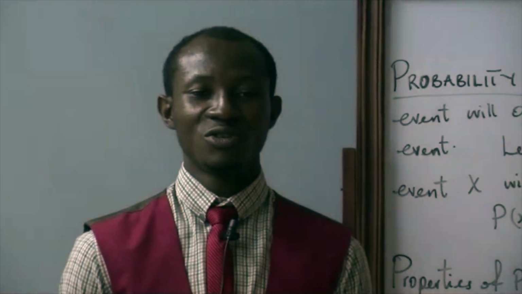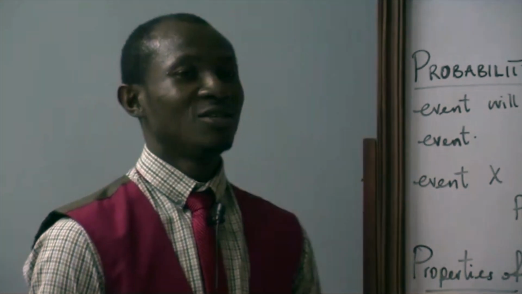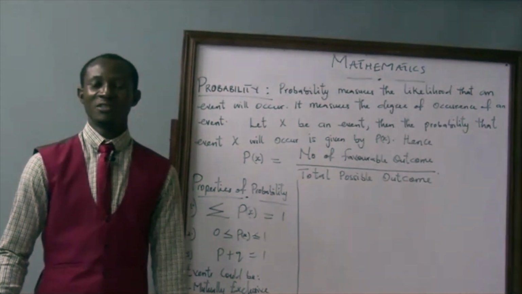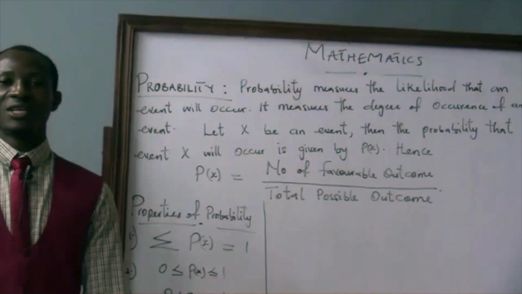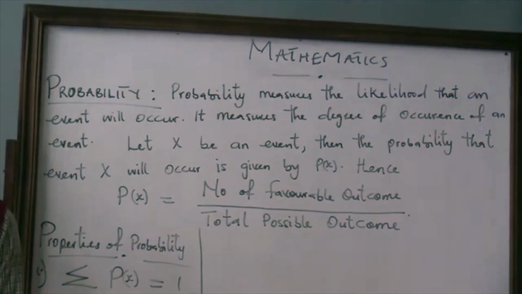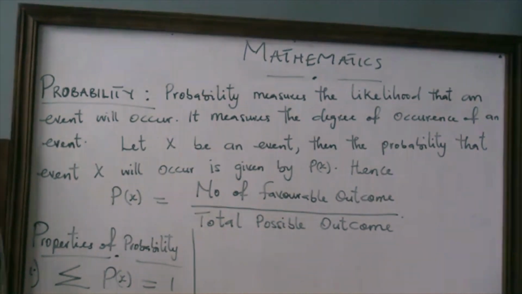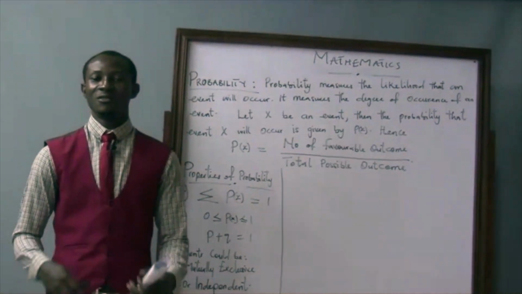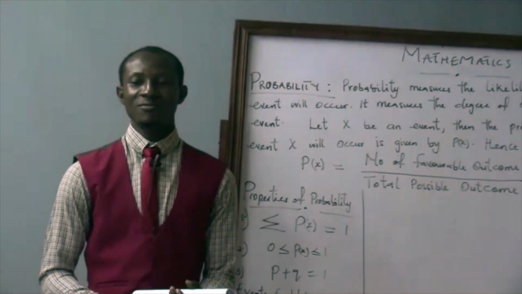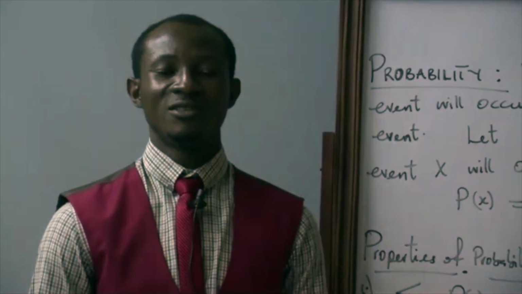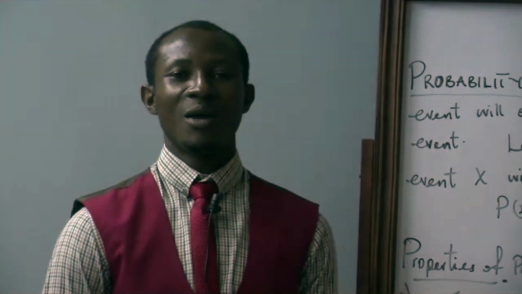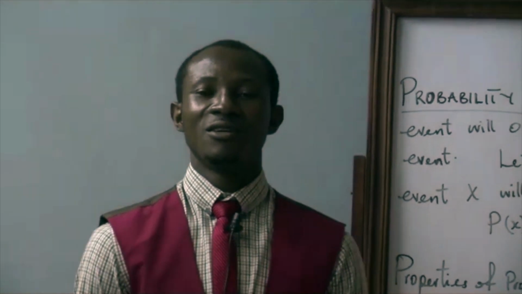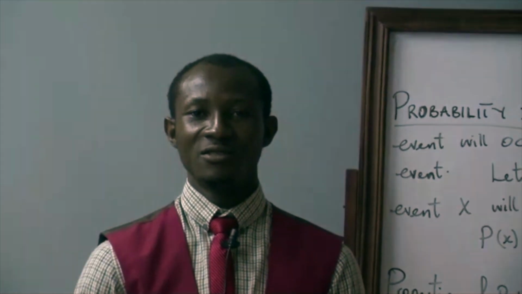Probability is also an extension of statistics. Probability mainly measures the degree of occurrence of an event. It is the likelihood that an event will occur. If I eat lunch every day, and let's say for 5 days I've taken Indomie 3 times, and the rest was rice, the other one was beans, I might want to know the probability or the likelihood of me taking Indomie the next day or again.